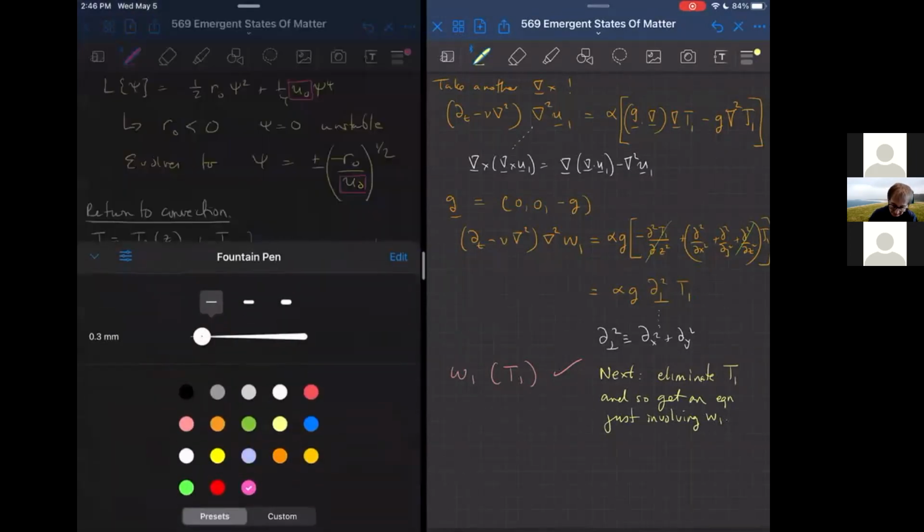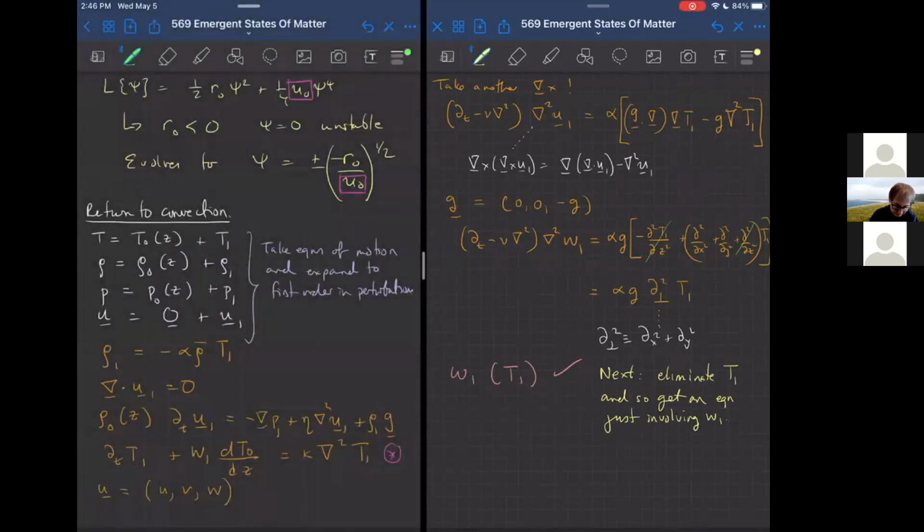Let me just make sure that you see what I'm talking about here. If I look here on the left-hand side, I can write this equation as the diffusion operator, which is d by dt minus kappa del squared, acting on T1 and then some function of z or some constant.